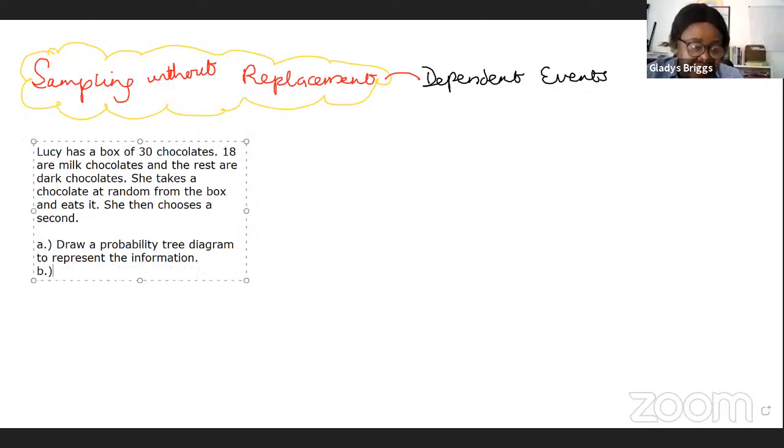And B, calculate the probability Lucy chooses: 1. Two milk chocolates.